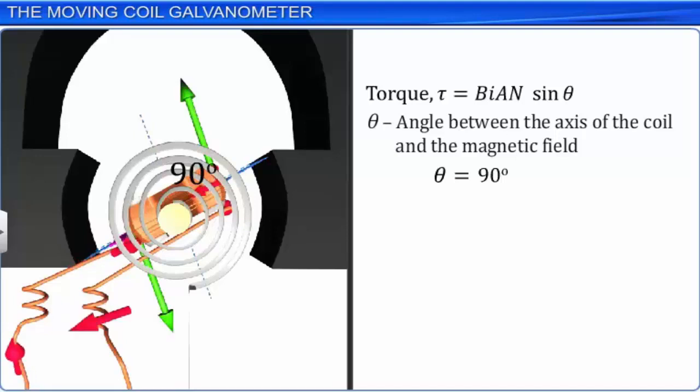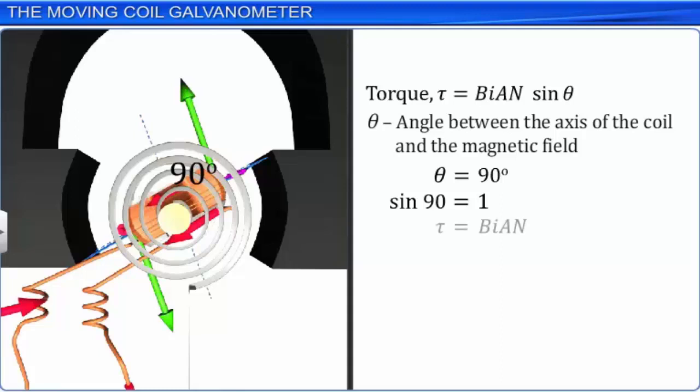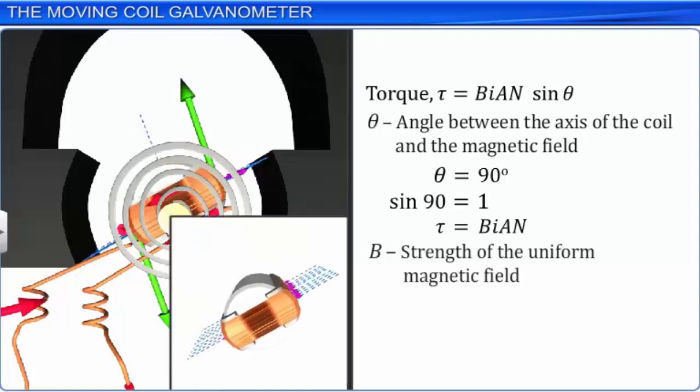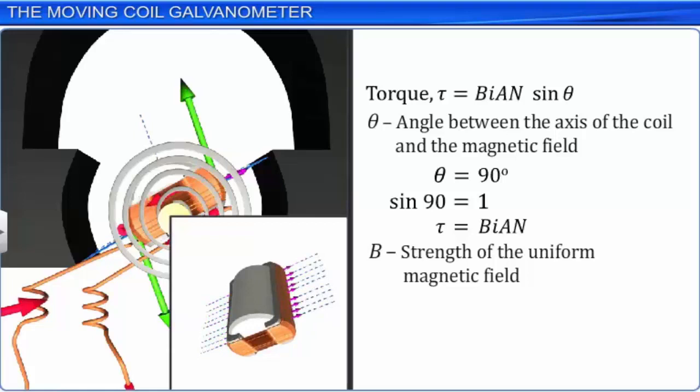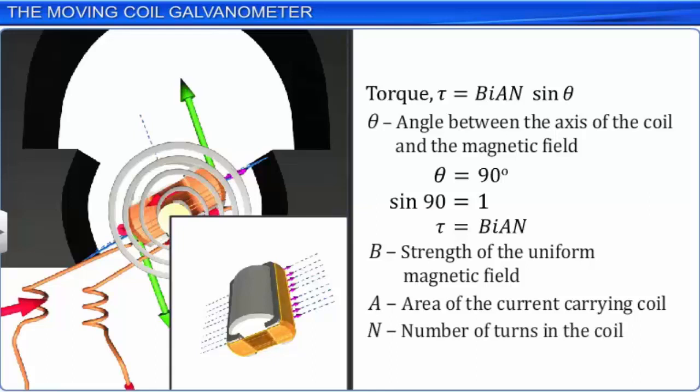Thus, sin 90 is 1, and we have the deflecting torque acting on the coil, τ, equal to BIAN, where B is the strength of the uniform magnetic field, A is the area of the current carrying coil, N is the number of turns in the coil, and I is the current passing through the coil. Let this be equation 1.